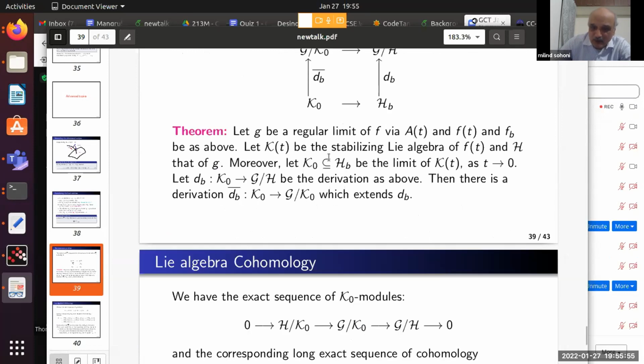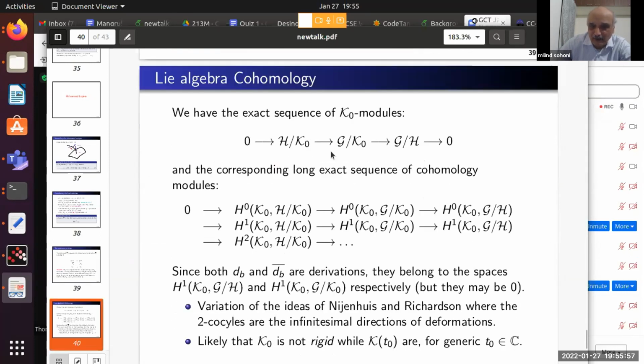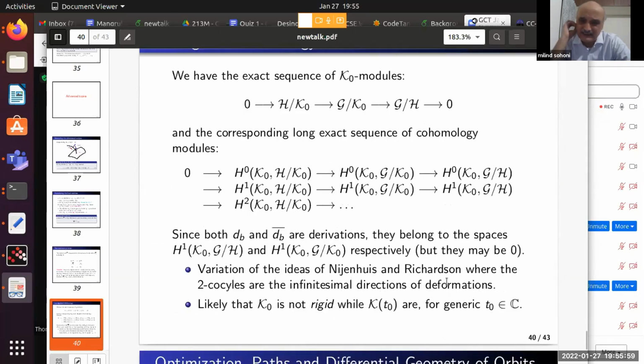while it borrows from Nijenhuis and Richardson, who have a slightly different formulation of the problem. For them it comes from the two co-cycles; it is basically a Lie algebra extension problem, a subalgebra extension problem. While here it's a slightly different problem. So we seem to be looking at H1, while they seem to be looking at H2.